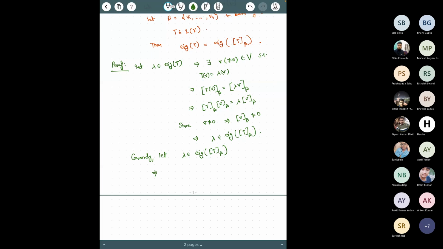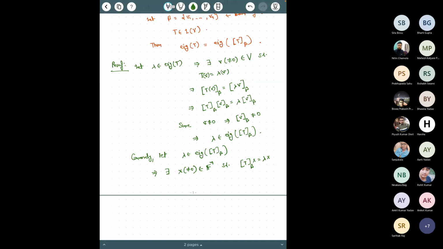So there exists x not equal to 0 in Fn such that this expression holds, times x.